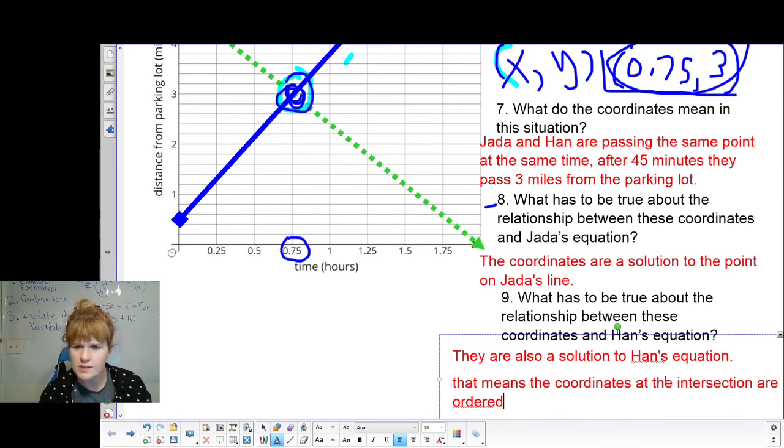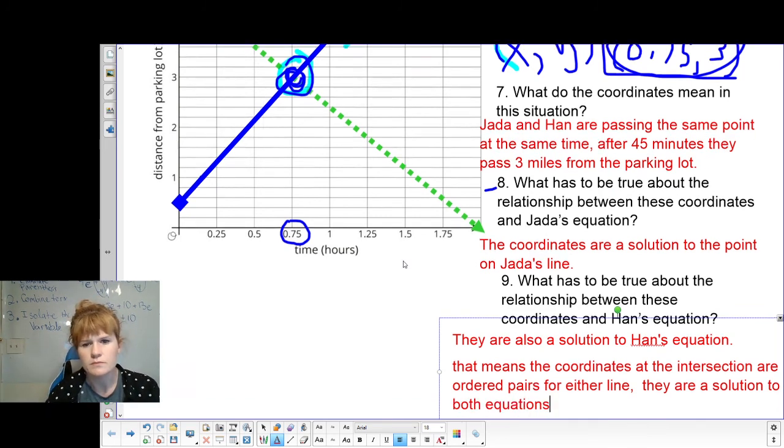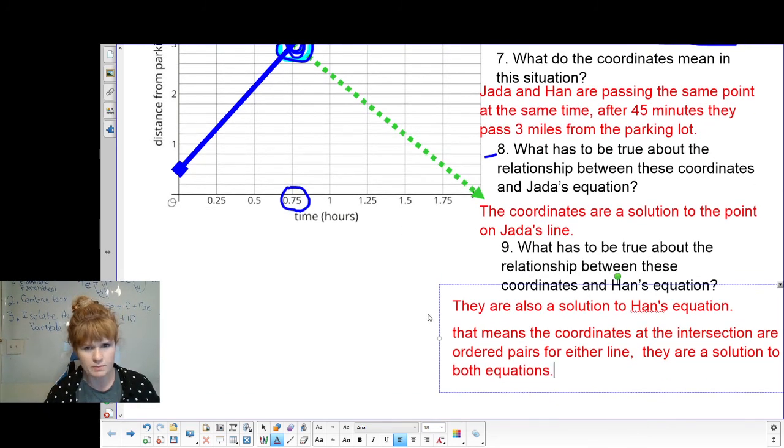They are also a solution to Han's equation. That means the coordinates at the intersection are ordered pairs for either line. They are a solution to both equations.